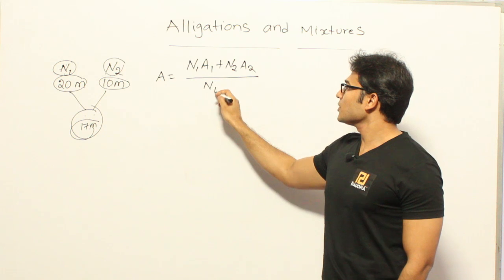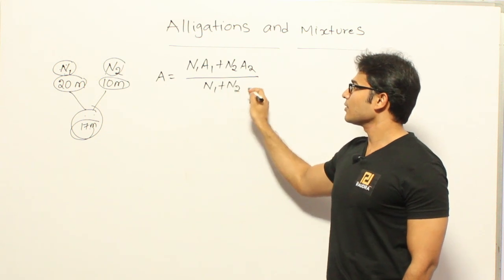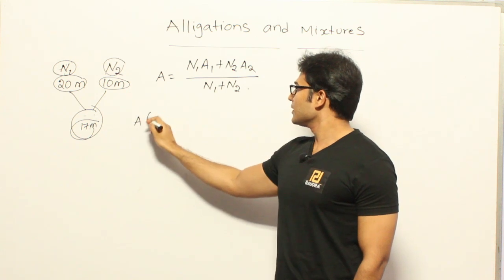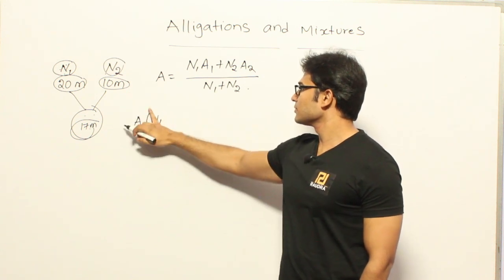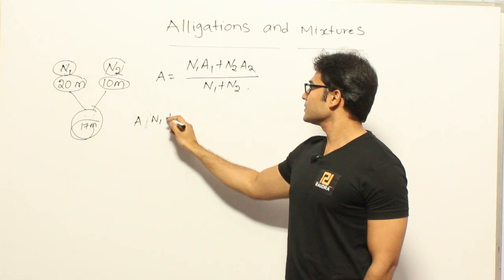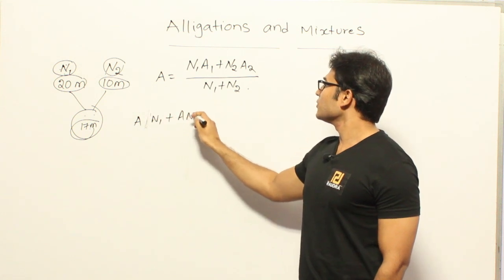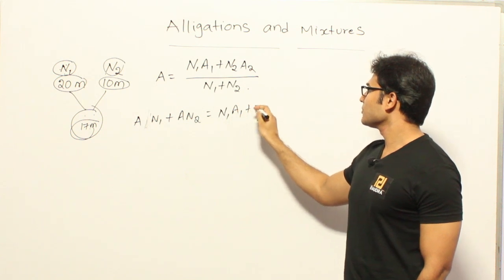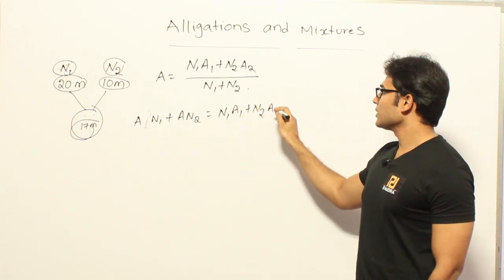Divided by n1 plus n2. Okay. Now I'll just cross multiply: A into n1 plus A into n2 equal to n1 a1 plus n2 a2.